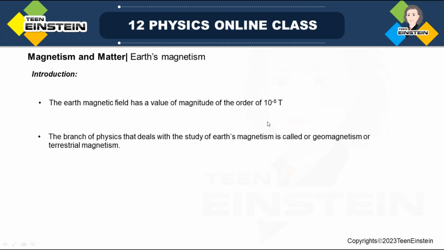Actually, Earth has its magnetism, and that is felt everywhere on its surface, and the magnitude of the Earth's magnetic field is of the order of 10 to the power minus 5 Tesla. The branch which deals with the study of Earth's magnetism is called geomagnetism or terrestrial magnetism.